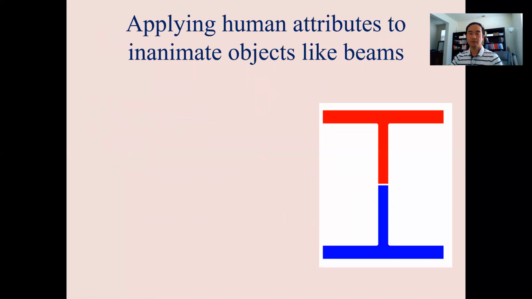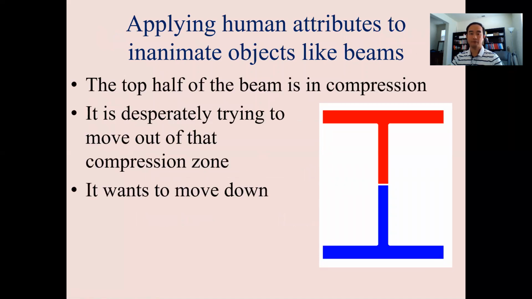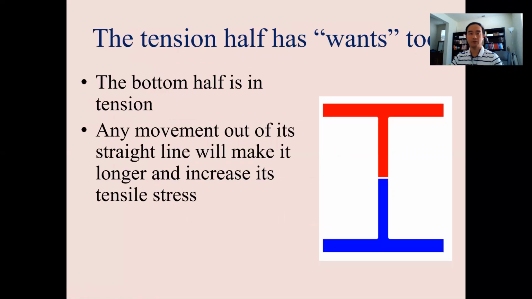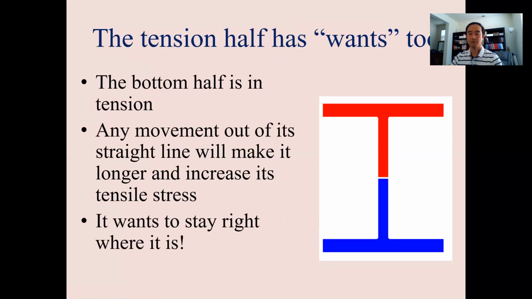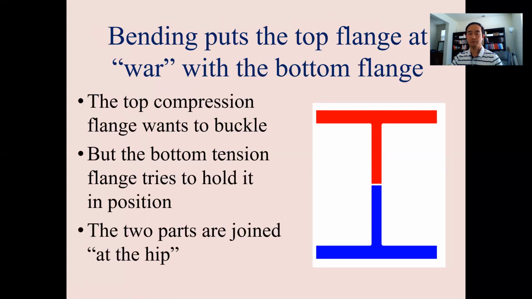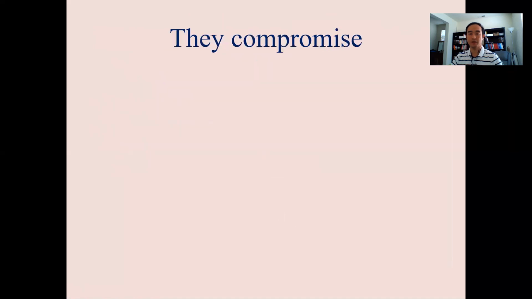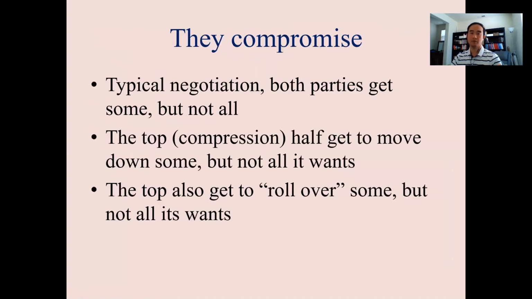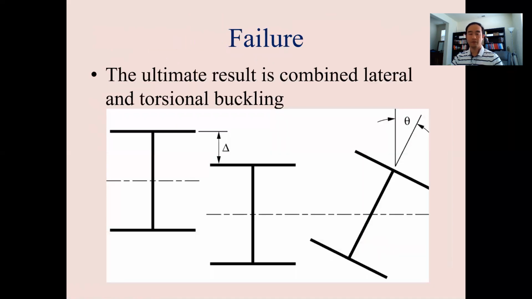I'm going to skip this slide because we already talked about that, right? Under the positive moment, we have a kind of a fight between the compression portion and the tension portion. So it came up to the final failure mechanism as lateral torsional buckling, based on how they compromise the failure mechanism.